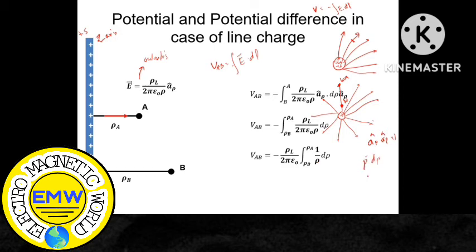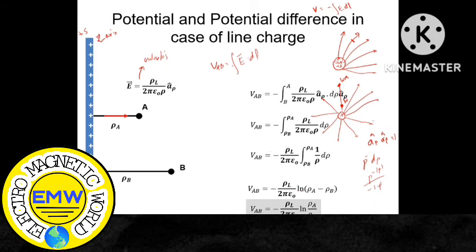So it will be easy. If I put in the values, it becomes minus rho L over 2 pi epsilon times ln of rho A over rho B. So this is the formula.